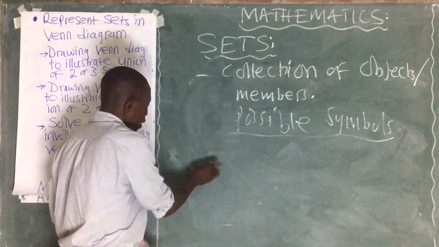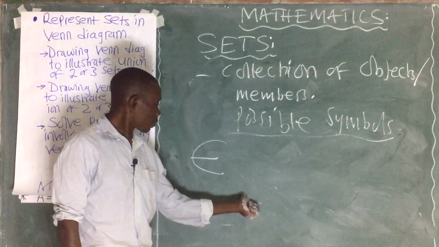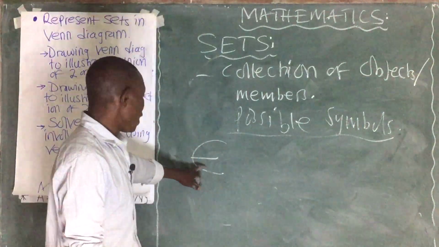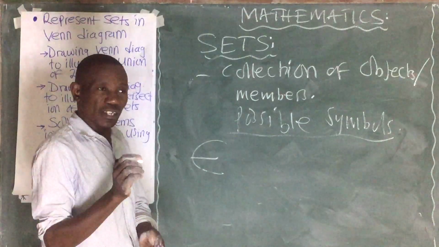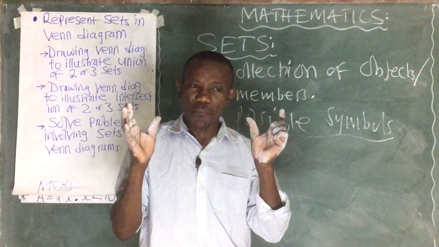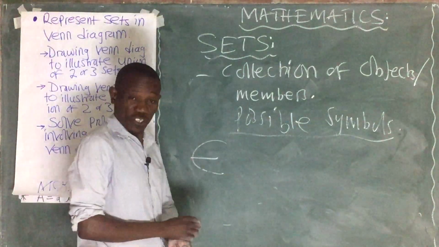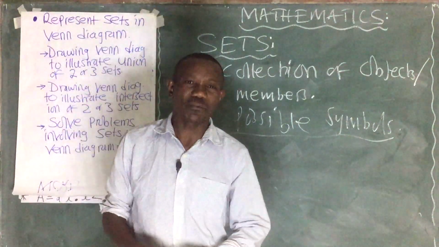The first symbol is very important. When you look at this symbol, it simply means it's an element. Right. Remember, we have talked of a set just like a group of what? Objects. Say, for example, a mathematical instrument has got a ruler, a pencil, a protractor. Right.